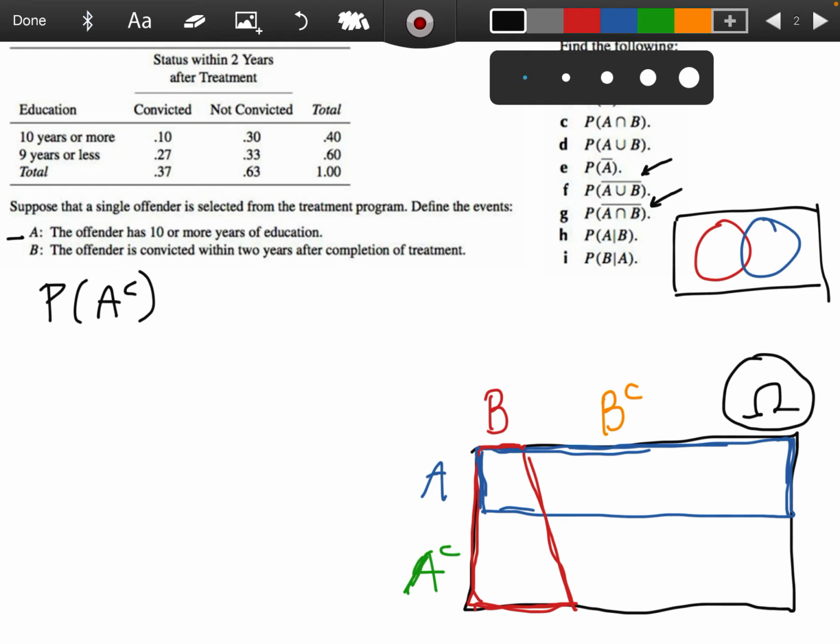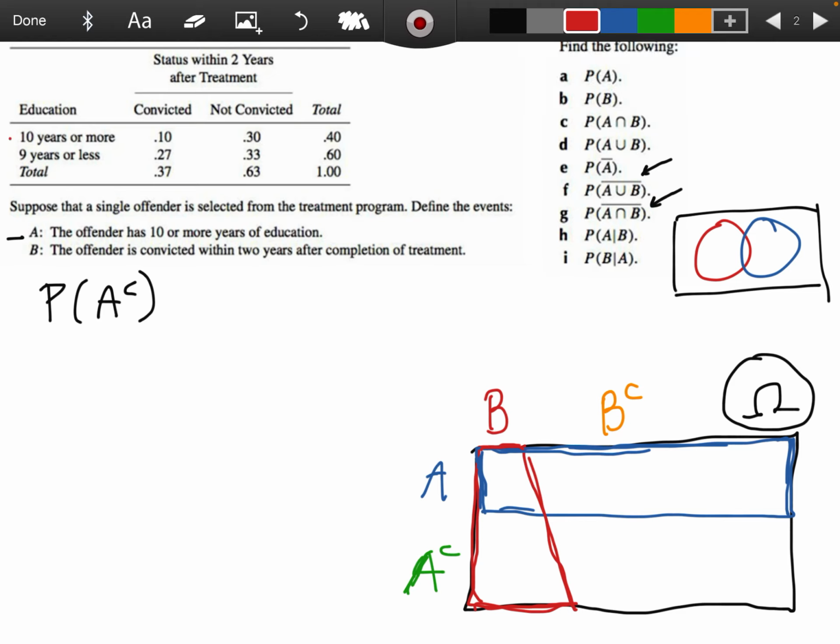So the probability of the complement of A, well, we know the probability of A we saw already. It's the probability of that first row. So the total, regardless of convicted or not convicted, is 40% or 0.40.